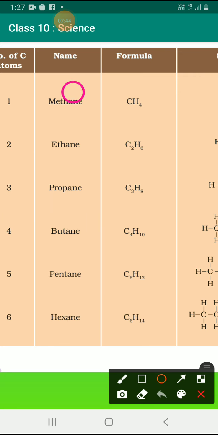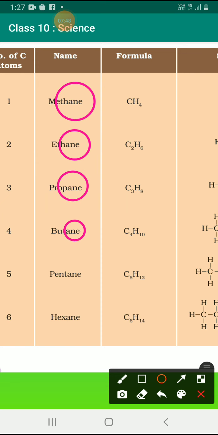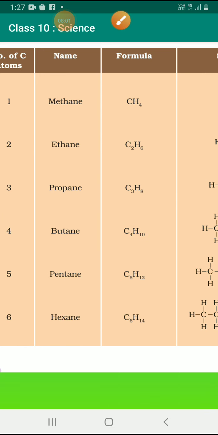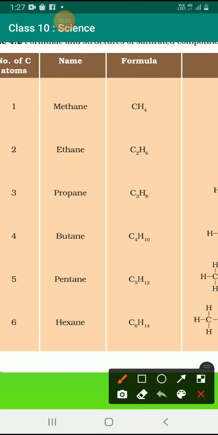Here you can see ane, right? So all these are related to the alkane, correct?